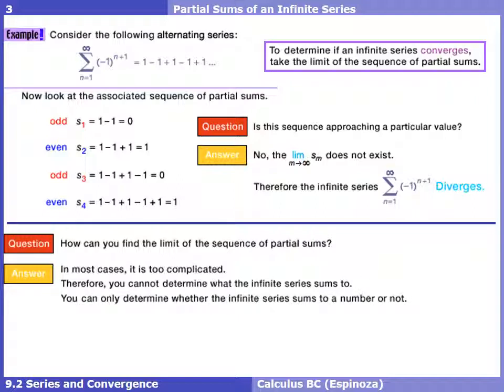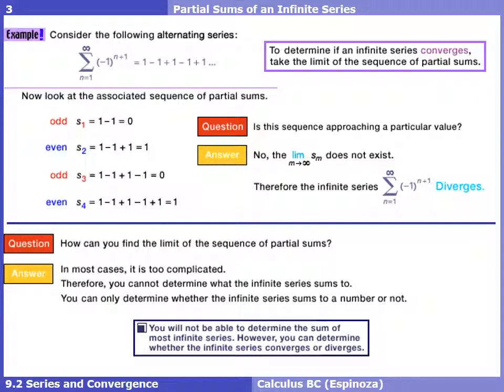So really what it's going to come down to is we're going to only be able to determine whether the series sums to a number or not. Bottom line is this: we're really just going to figure out with these infinite series, do they converge or diverge? That's really the bottom line. If it turns out that an infinite series converges, we probably won't know what value it converges to.